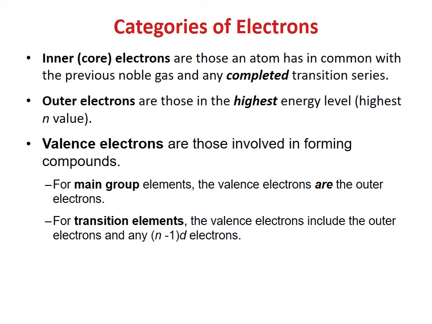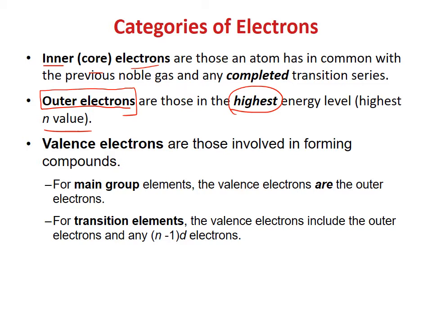Electrons can be classified as inner or core electrons and outer electrons. Outer electrons are those in the highest energy level or highest n value, and the inner or core electrons are those electrons inside the outer electrons. Now, it is these outer electrons that determine the chemical or physical properties of the elements.